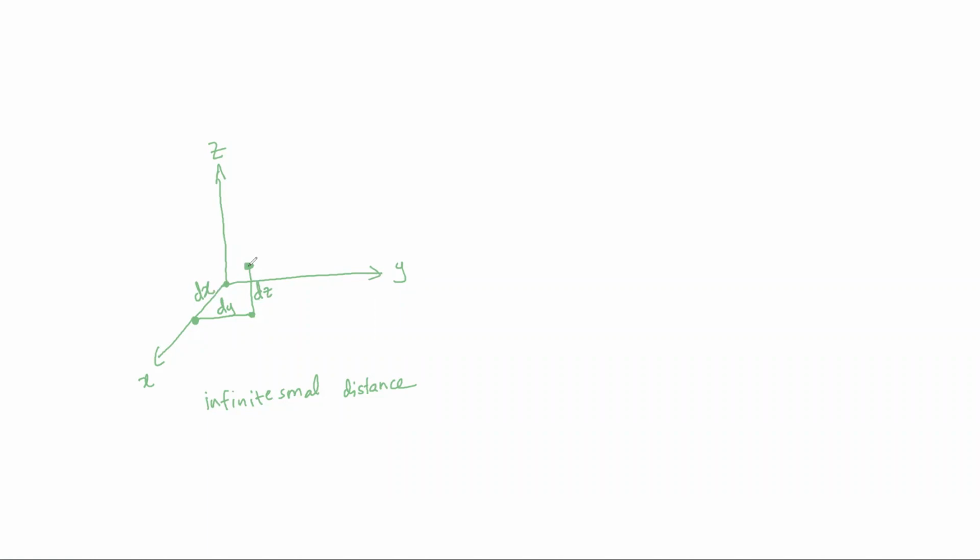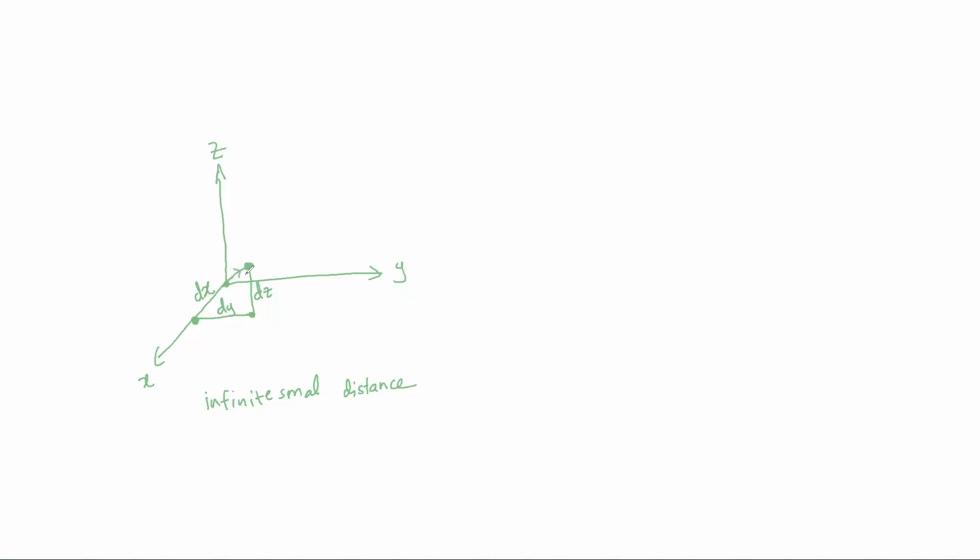Then the total distance that we have traveled can be given. The total vector can be given using the vector that we can draw from the origin to the last point that we have stopped.